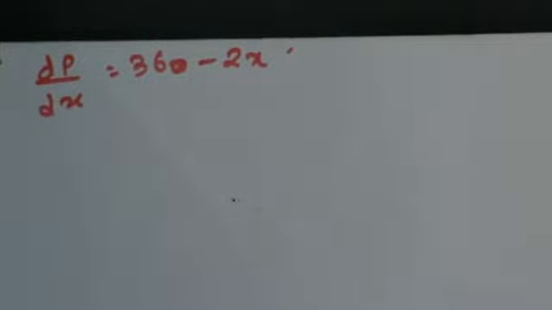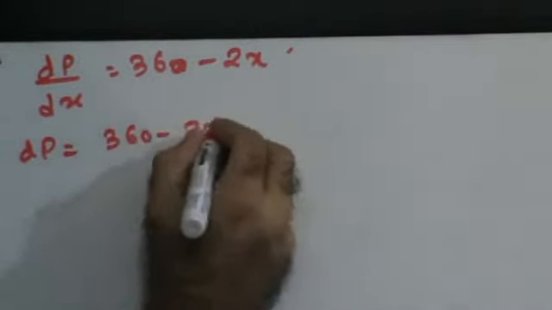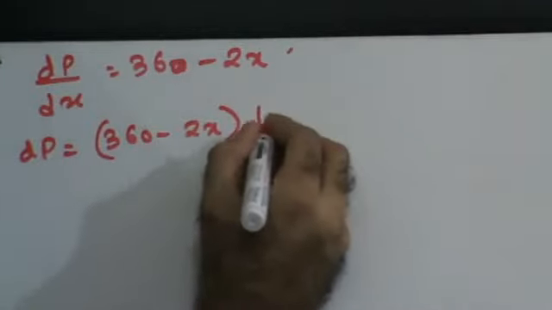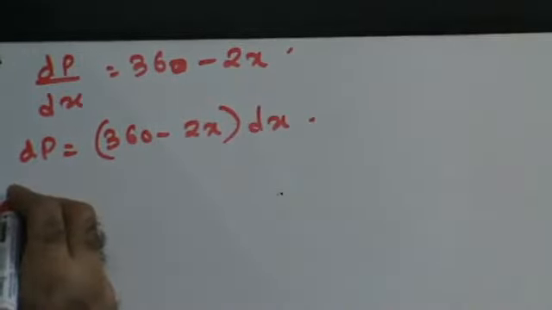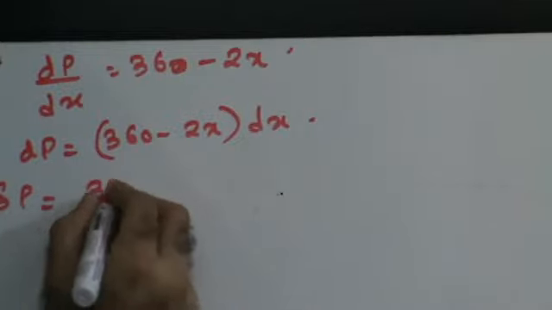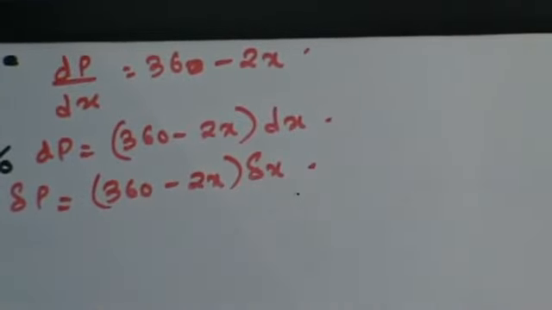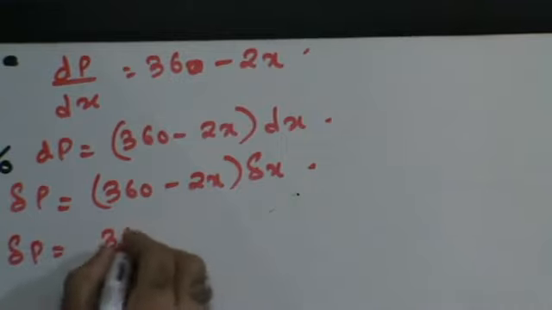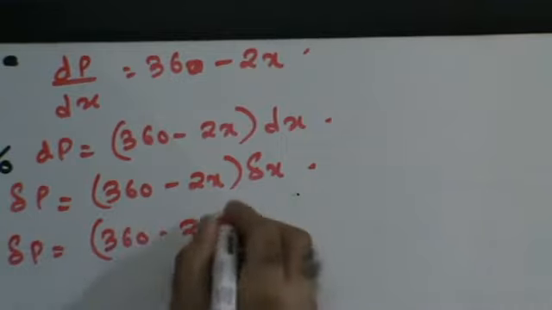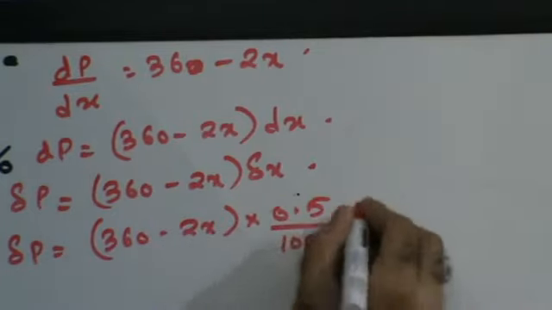So you will get dP is equal to 360 minus 2x into dx. Dx can be written as delta x and dP can be written as delta P. So delta P is 360 minus 2x into delta x, but delta x is given to you as 0.5% of x. So delta P is 360 minus 2x into 0.5% of x.